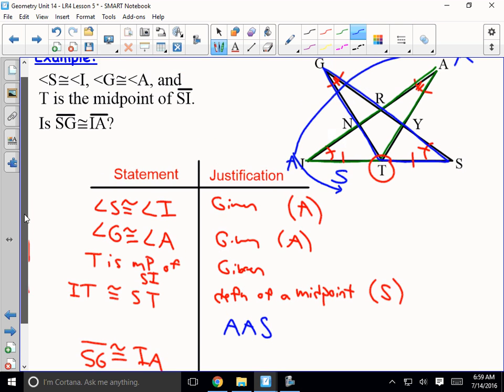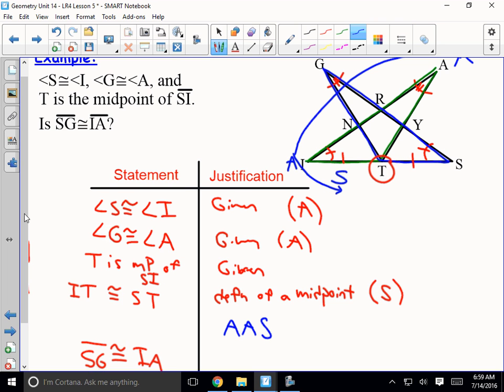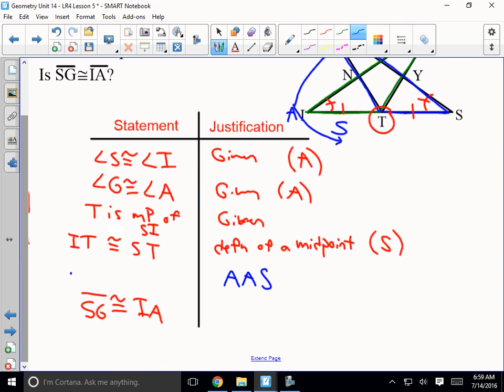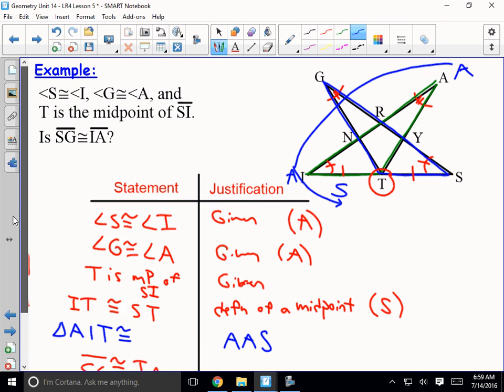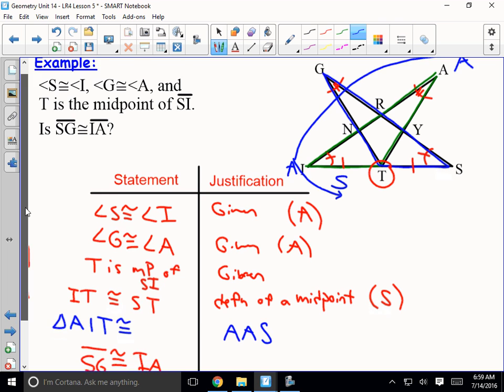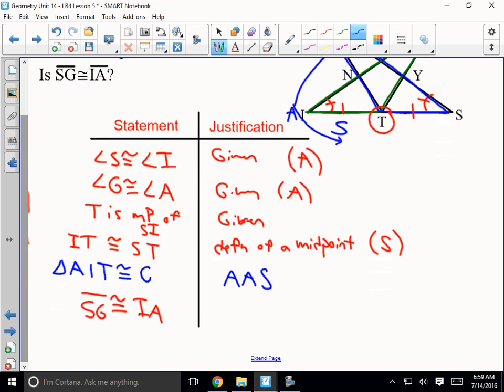Now I just need to name the two triangles that are congruent. Triangle AIT is congruent to, and we need to make sure we're naming it in the proper order, GST. Now we've got our triangles congruent.